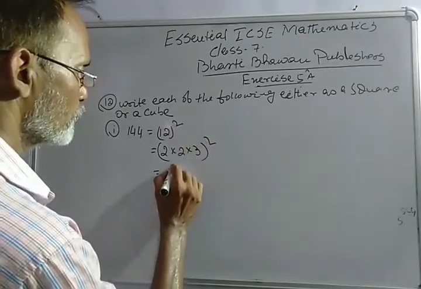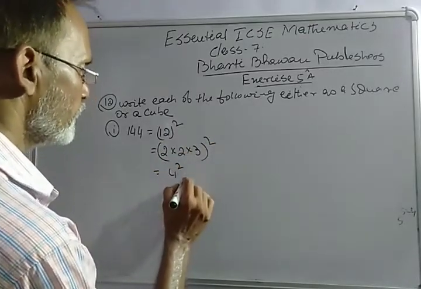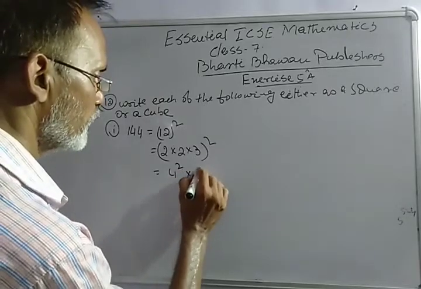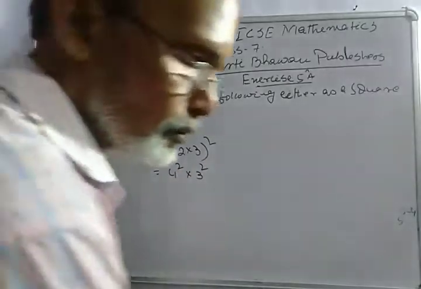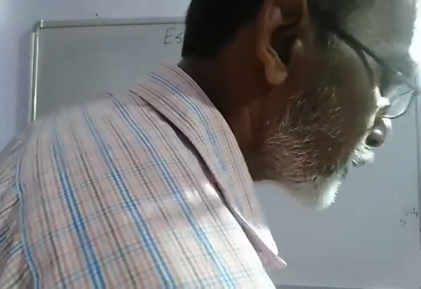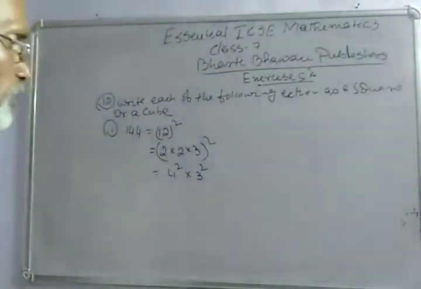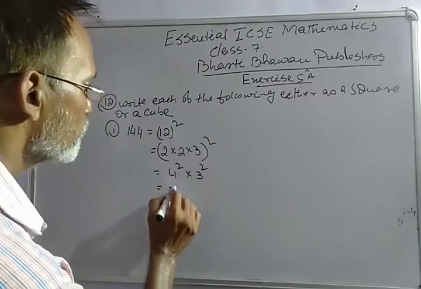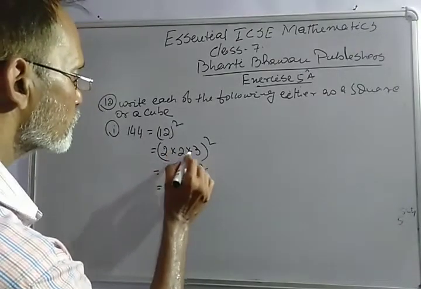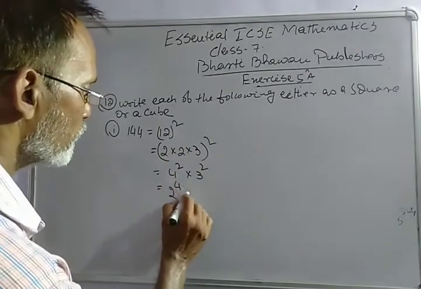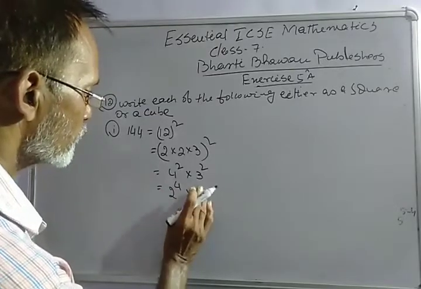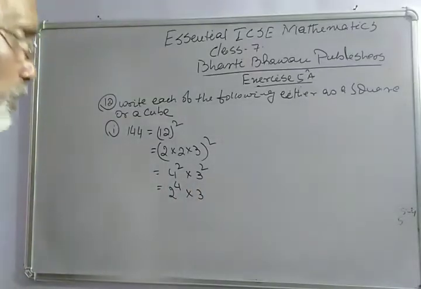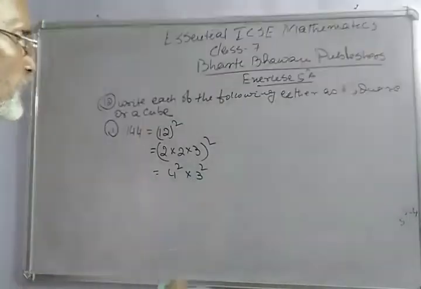This is equal to 4 to the power square into 3 to the power square. So 4 to the power square, so this is equal to 2 to the power 4 into 3 to the power 2, 4 whole square into 3 whole square.